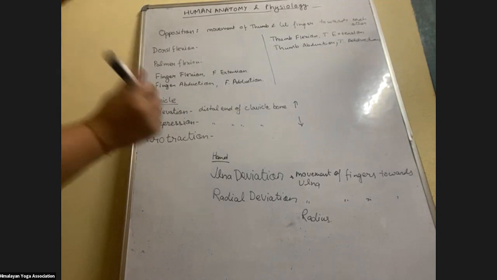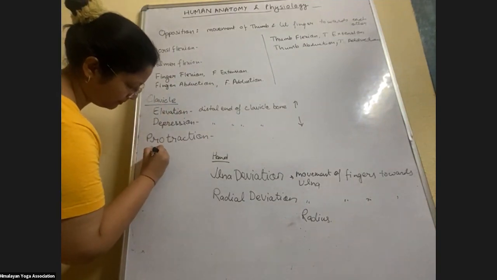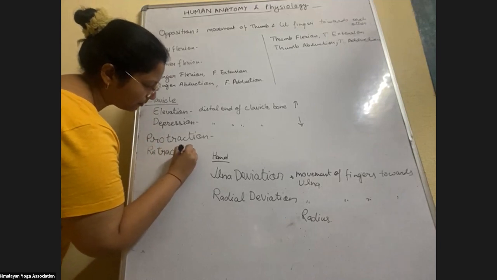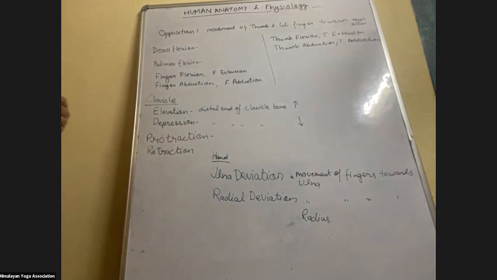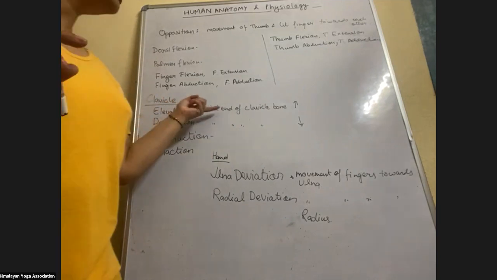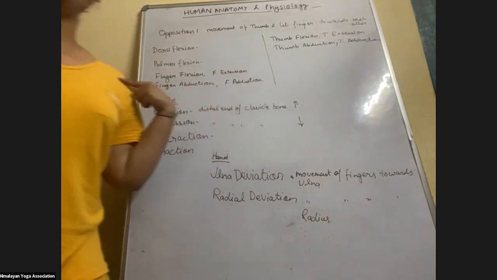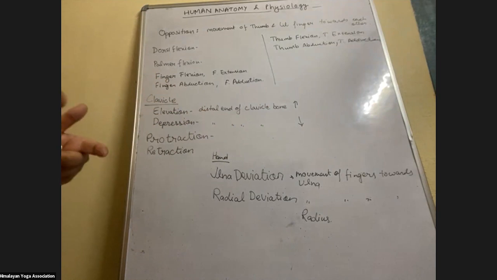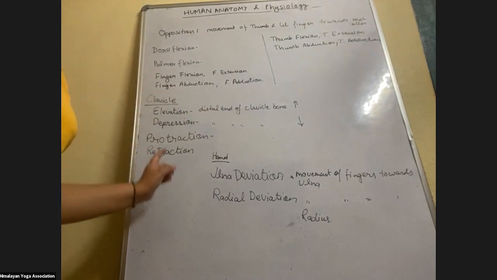Then we have retraction. In retraction, the distal end of the clavicle bone is going backward, accompanied by scapular retraction. I will share some image with you so that it is more clear.